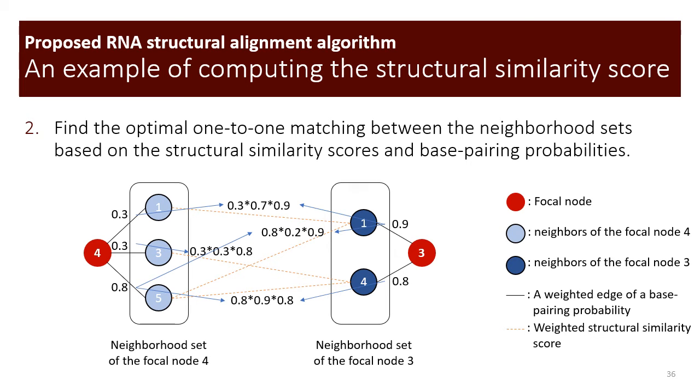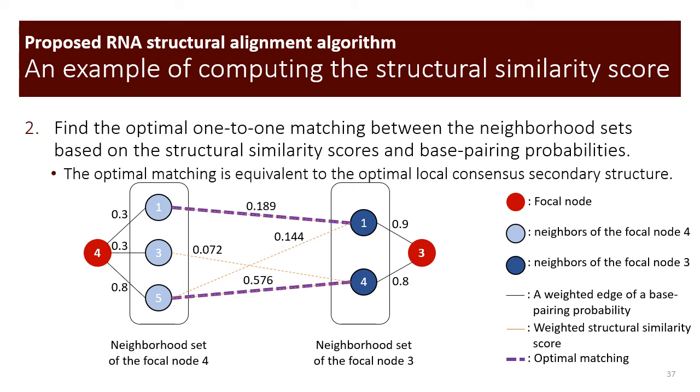As a second step, we find the optimal one-to-one matching between the neighborhood sets based on the structural similarity scores and base pairing probabilities. Specifically, we convert each structural similarity score into a weighted structural similarity score by multiplying it by the base pairing probability. The purple dashed line is the optimal one-to-one matching.